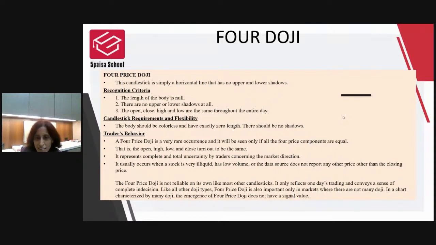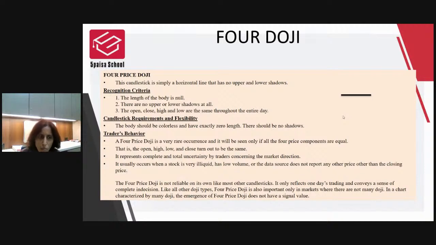So neither the sellers nor the buyers are putting pressure in the market on that particular day. And it usually occurs, and you have to be very careful on this, and this is a very important thing, when a stock is very illiquid or has low volume, or the data source does not report any price other than the closing price.